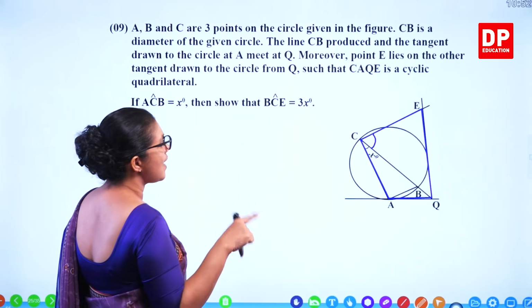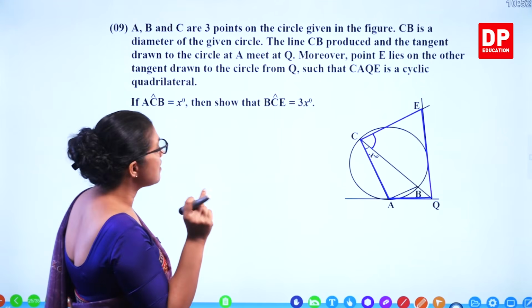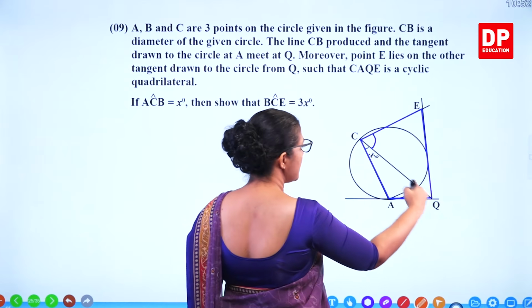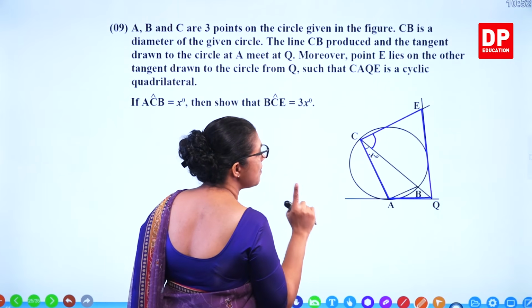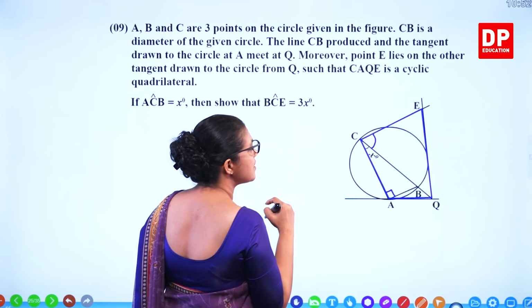We know this is a cyclic quadrilateral now, and also CB is a diameter. What do you know about semicircle angles? This is 90 degrees.